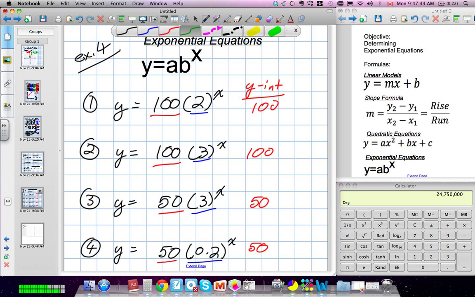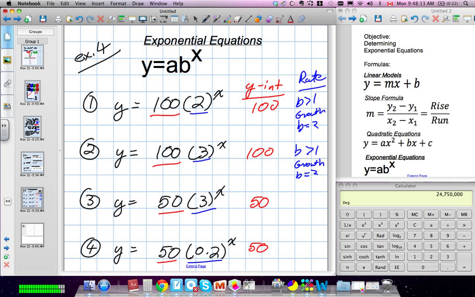Now, our rate of change. B was greater than 1, so we knew it was growth, and it is the number 2. And in this one, b is greater than 1 again, so again we're dealing with growth.